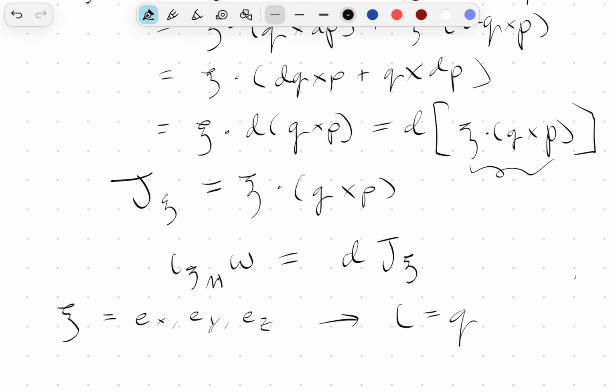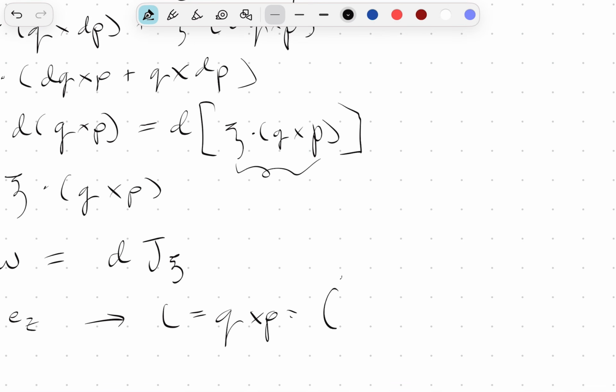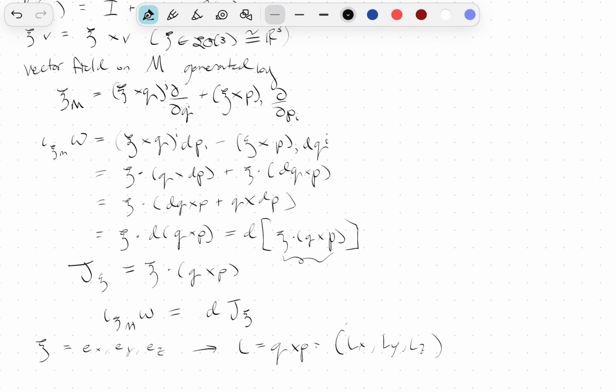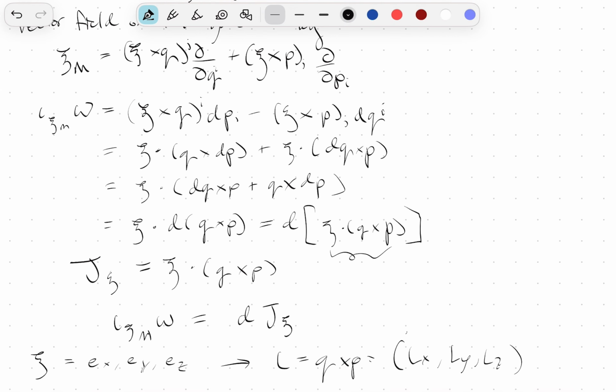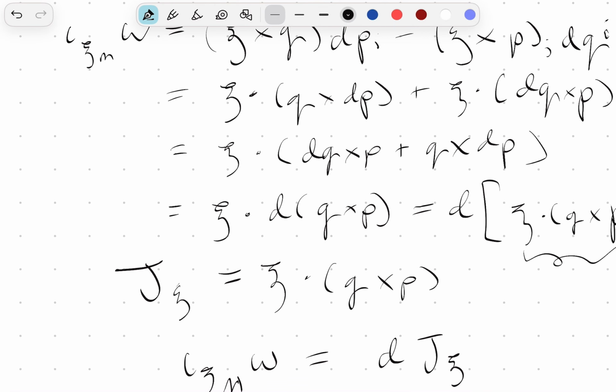The angular momentum itself would be q cross p. That is L_x, L_y, and L_z. All right. Now, basically what this allows us to do is rotate a whole experiment and move the state along the vector field.